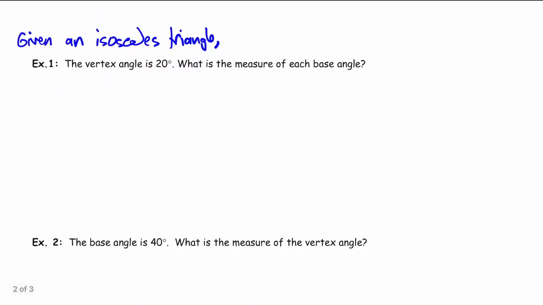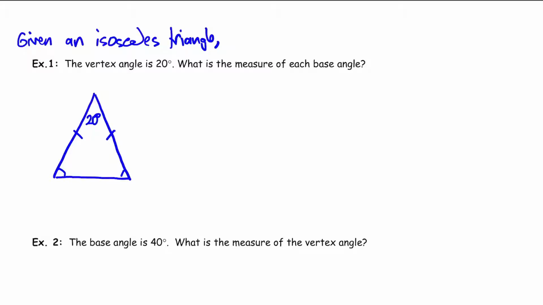The vertex angle is 20 degrees. What is the measure of each base angle? So I'm going to sketch an isosceles triangle. And I mark these two sides the same. These two angles are the same. The vertex is at the top. The vertex angle is right here. That's going to be 20 degrees. What is the measure of each base angle?